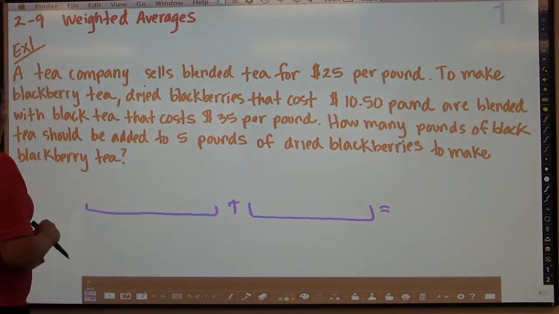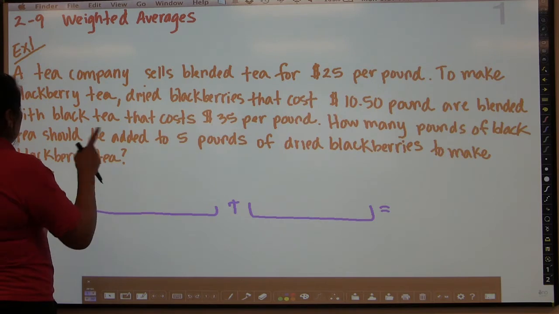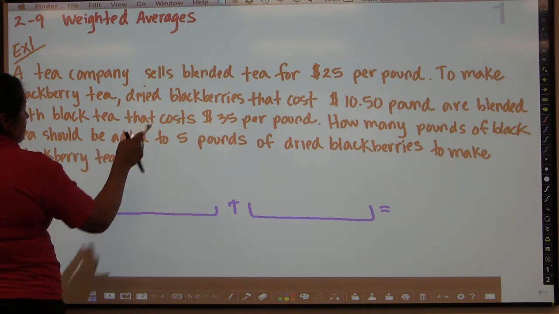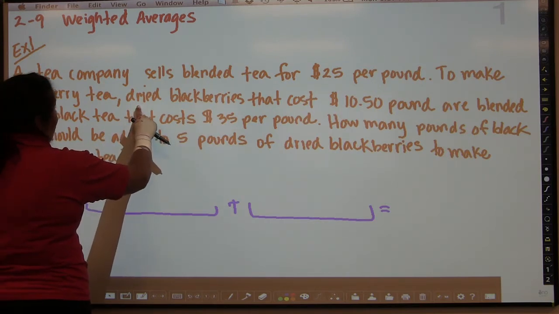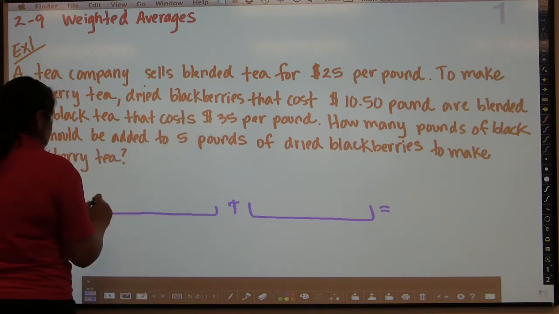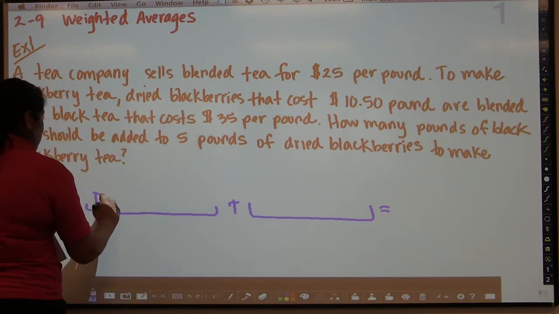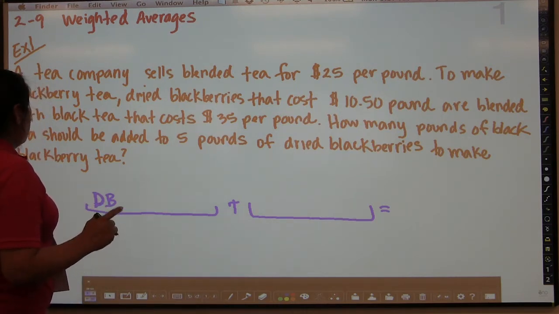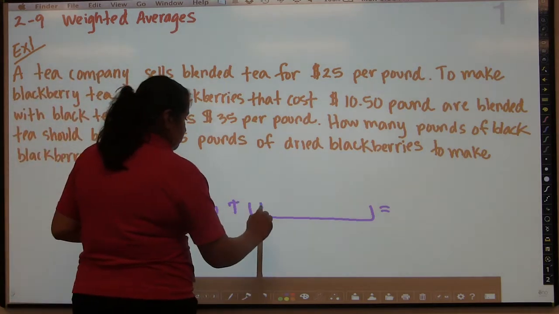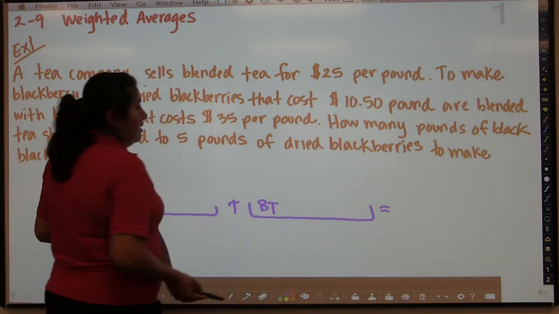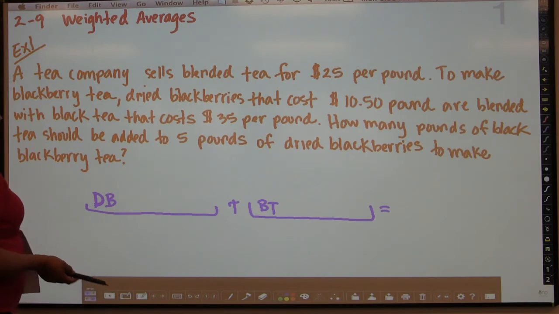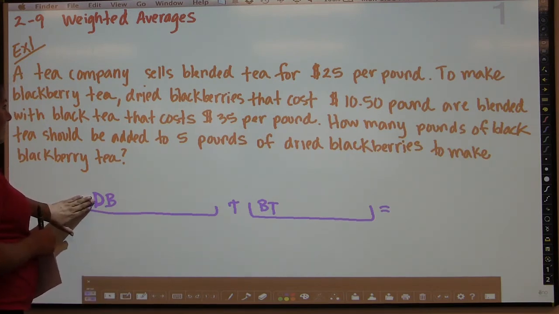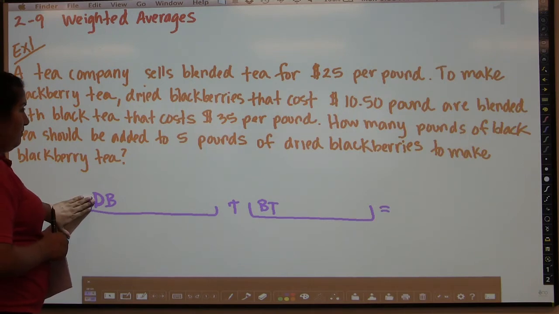So for example, to make blackberry tea, I need dried blackberries. So I'm going to put DB, dried blackberries, and I also need black tea. So I'm going to use these abbreviations here, black tea. But every time I want to use dried blackberries, I'm going to have to pay for them $10.50 per pound.